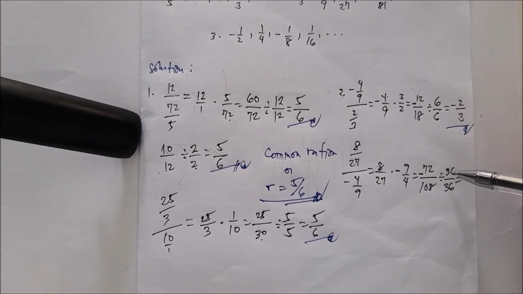Negative 72 divided by 36 is equal to negative 2. And 108 divided by 36 equals 3.